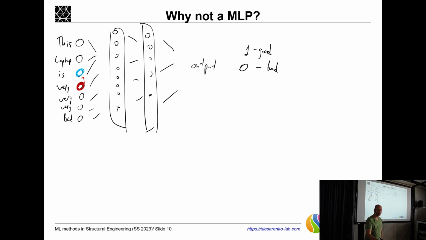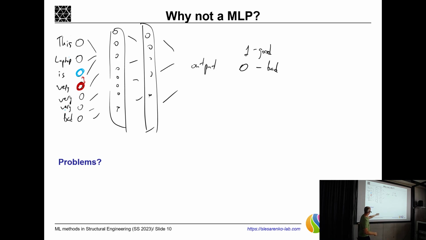Of course, at some point their weights will be combined. But now, what if I say this: I bought a very bad laptop, or the laptop has been bought. So I just changed the order.